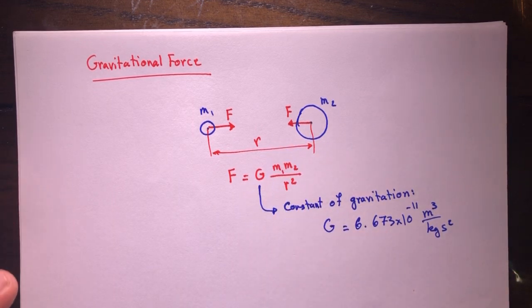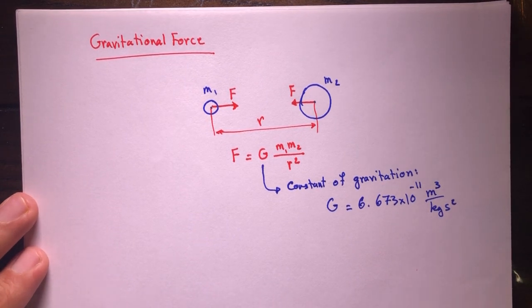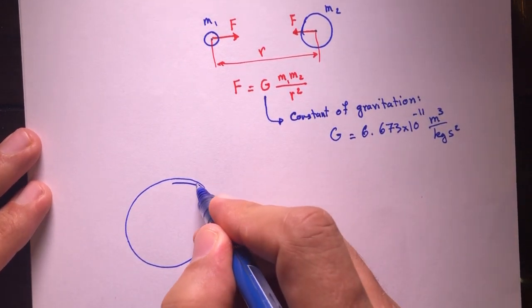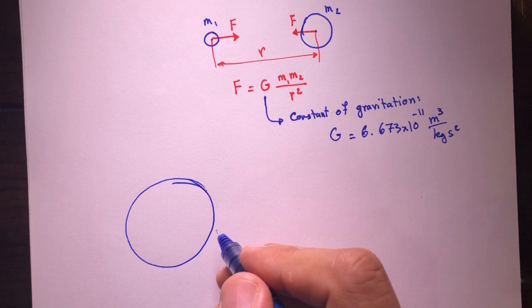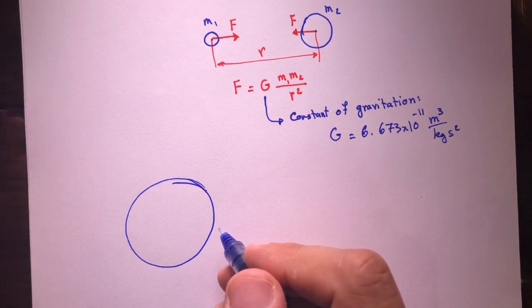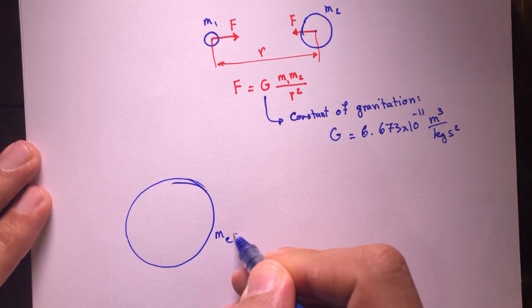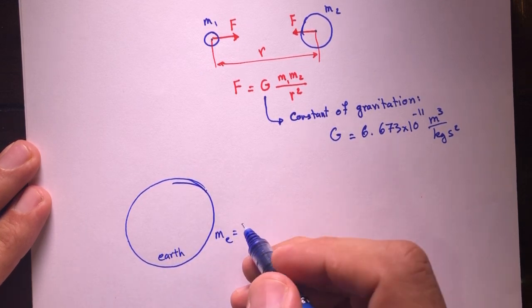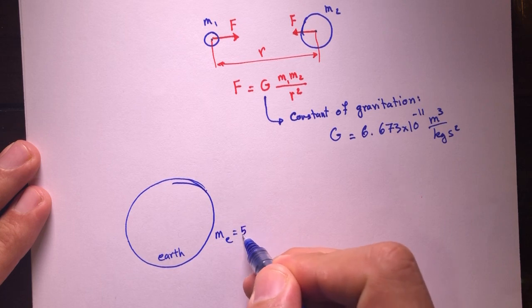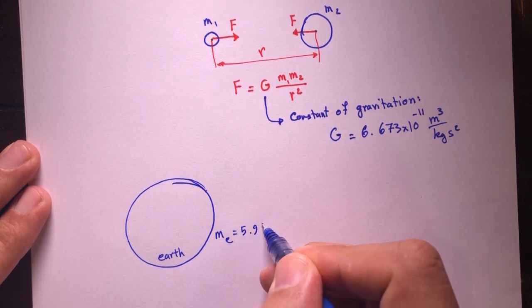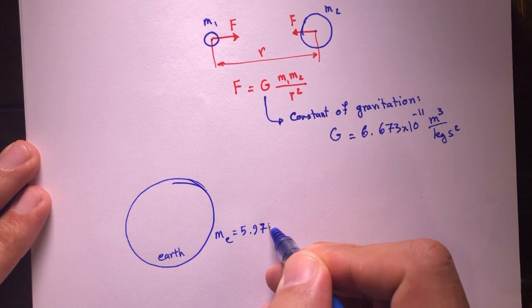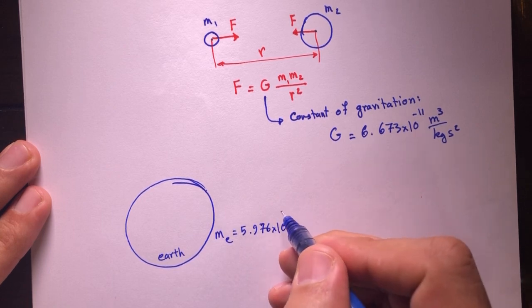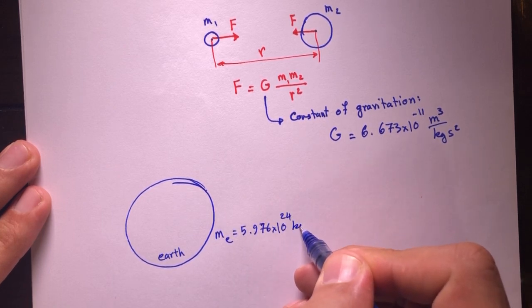For example, one of the masses is the Earth. If you consider the Earth with the mass of ME, which is very big, so this is the Earth, the mass of the Earth is 5.976 times 10 to the 24 kilogram.